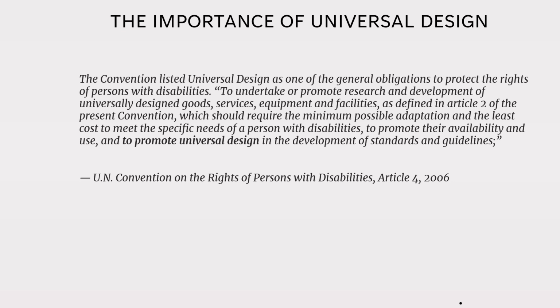The convention listed universal design as one of the general obligations to protect the rights of persons with disabilities, to undertake or promote research and development of universally designed goods, services, equipment, and facilities, as defined in Article 2 of the present convention, which should require the minimum possible adaptation and the least cost to meet the specific needs of a person with disabilities, to promote their availability and use, and to promote universal design in the development of standards and guidelines.